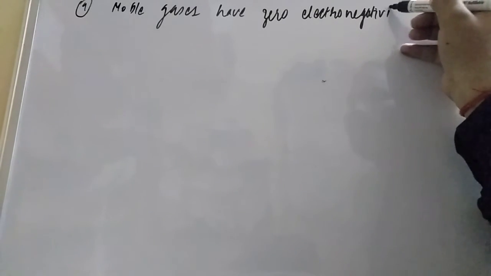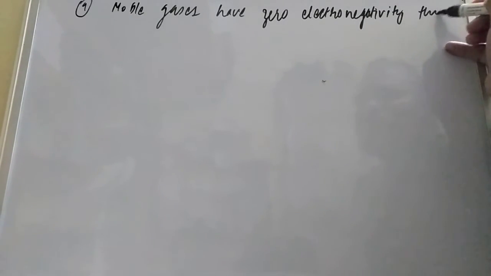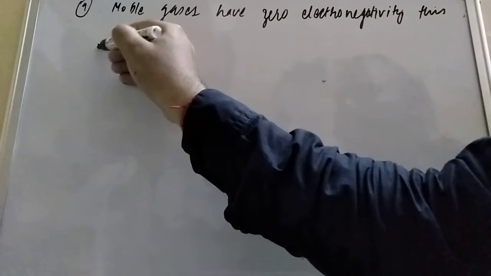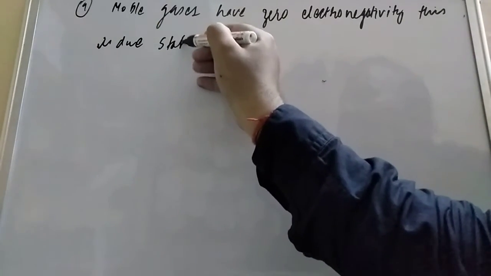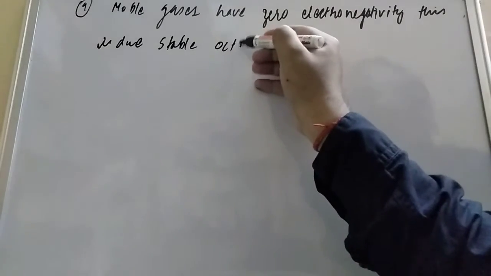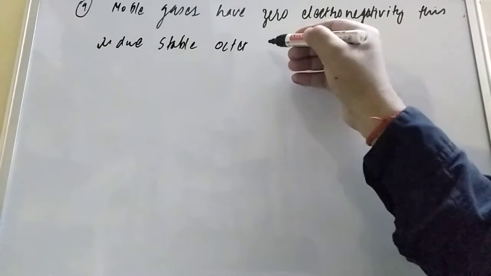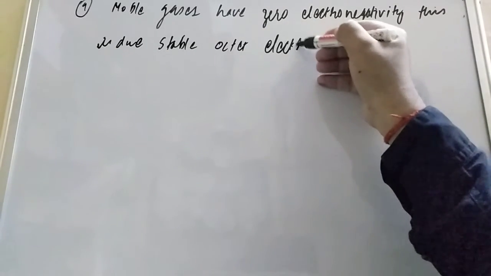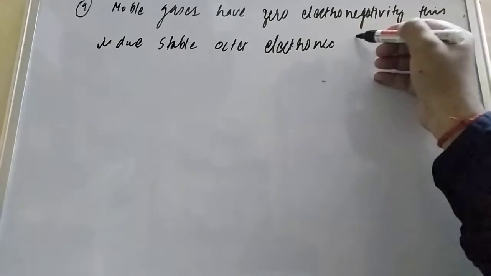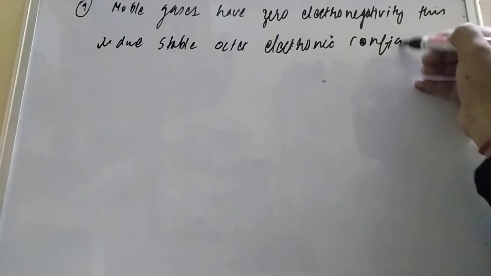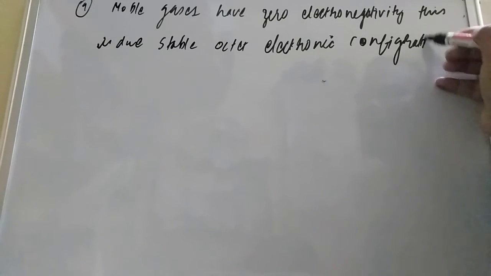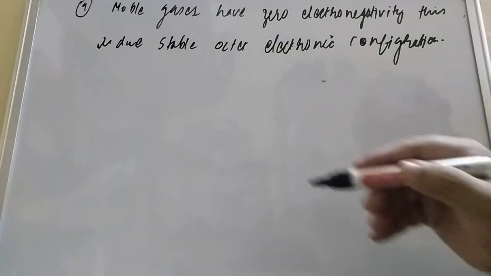How zero electronegativity? This is due to the stable octet electronic configuration. If there is a stable electronic configuration, their electronegativity will be 0.